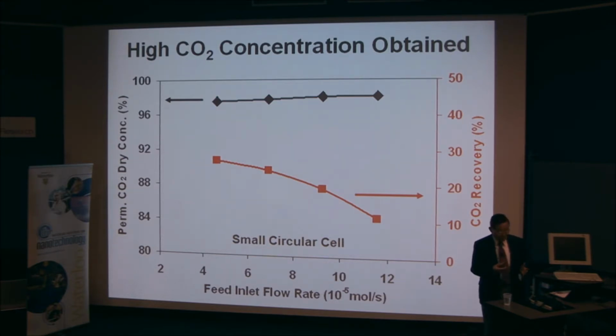If we use steam as a sweep gas, certainly some refining plants and even some power plants do have so-called waste steam, those low pressure steam. If we use that as a sweep gas, and then you condense the steam after the membrane process, we obtain more than 98% CO2 concentration.